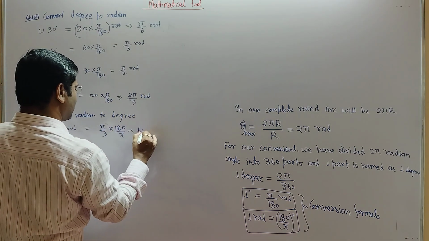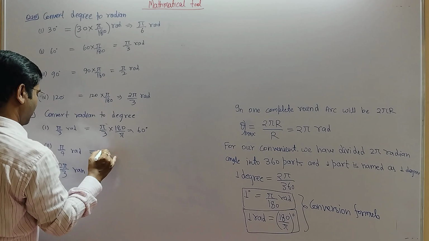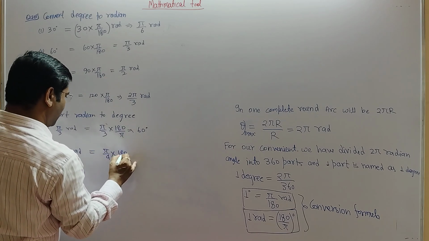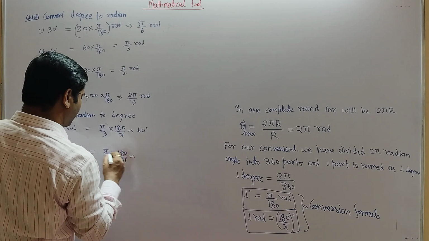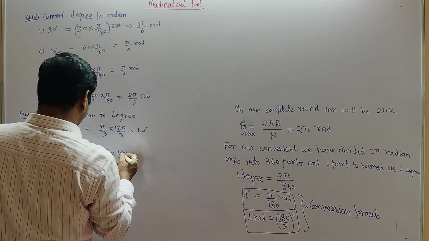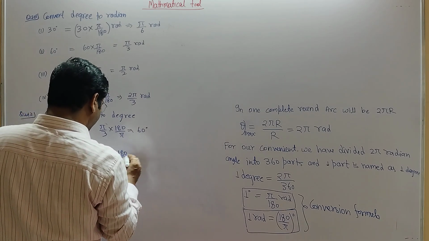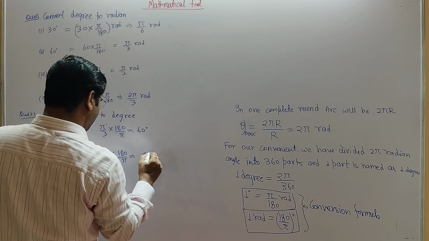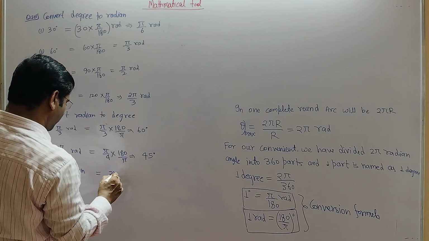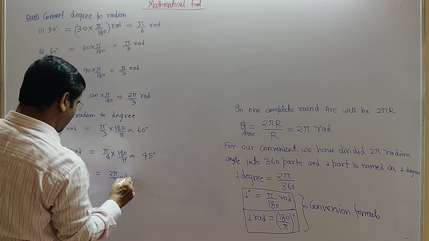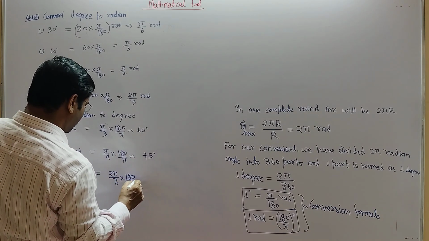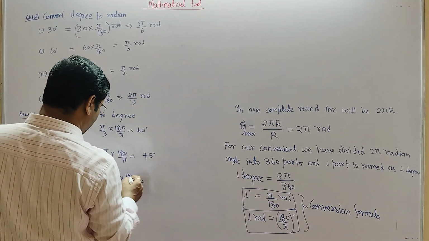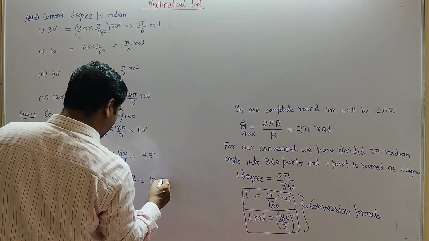This value will be 60 degree. Next, pi by 4 into 180 upon pi. So pi cancels, and we will get here 45 degree. Next, 2 pi by 3 into 180 upon pi, so this value will be 120 degree.